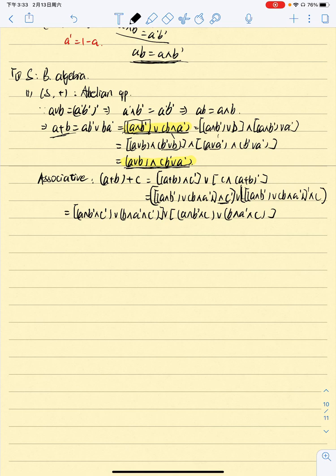Okay, let's change the situation to be C and B prime and A prime, or C prime and B and A prime, or C prime and B prime and A, or C and B and A. Okay, let's see.